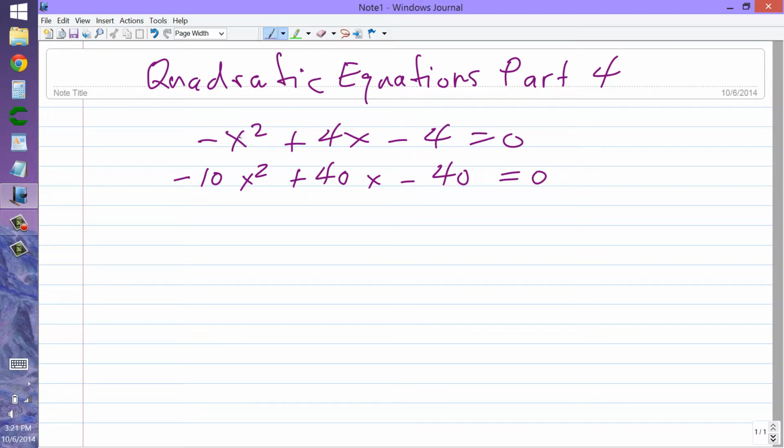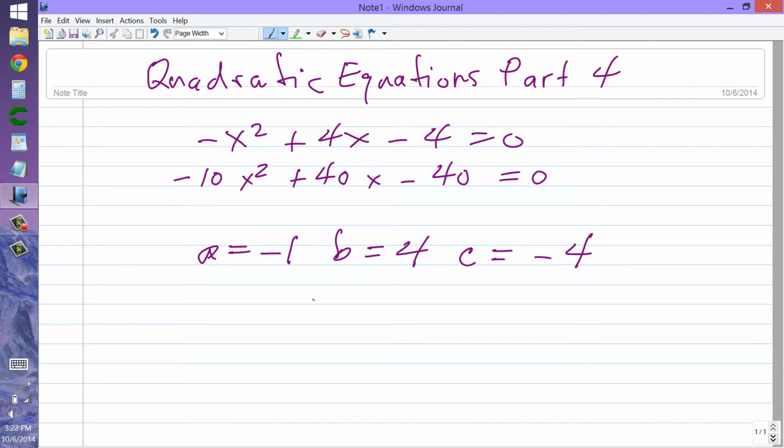Now once again, we have a equals minus 1, b equals 4, and c equals minus 4.